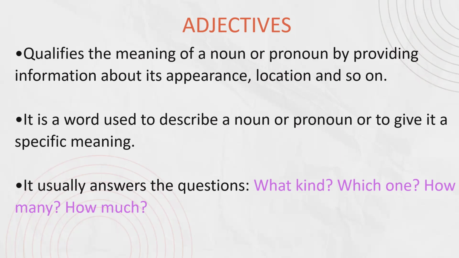So if you want to distinguish which is the adjective in a sentence, you have to ask yourself the questions: what kind, which one, how many, and how much. How many is for countable nouns. How much is for non-count nouns, right?